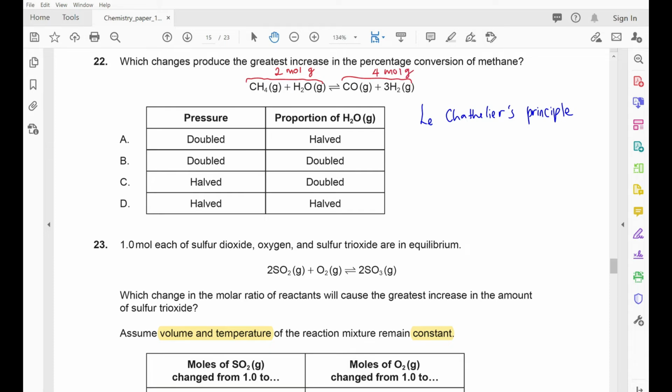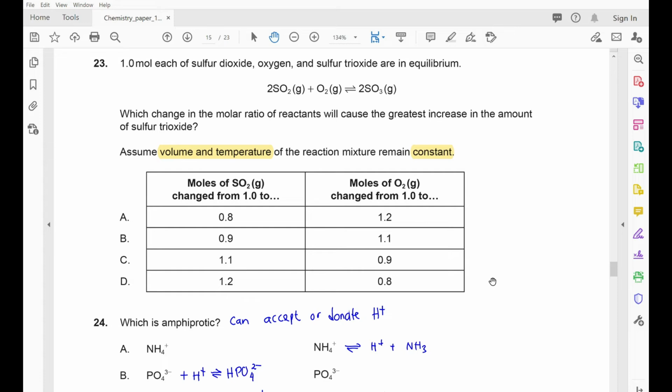If we want to drive the equilibrium to the right, encouraging conversion of methane, we want to lower the pressure, because a higher number of moles of gas is favored by lower pressure. We also have to increase either methane or steam. So the answer is C. We can also drive the reaction to the right if we eliminate the products.